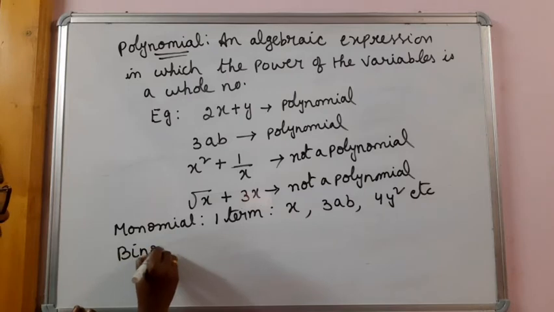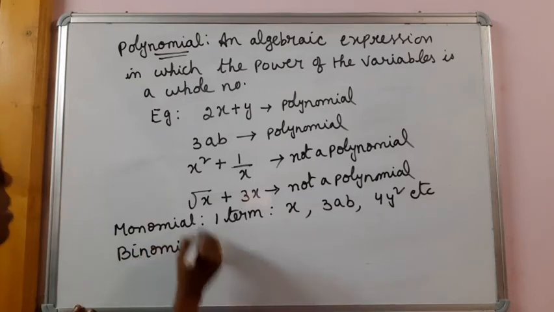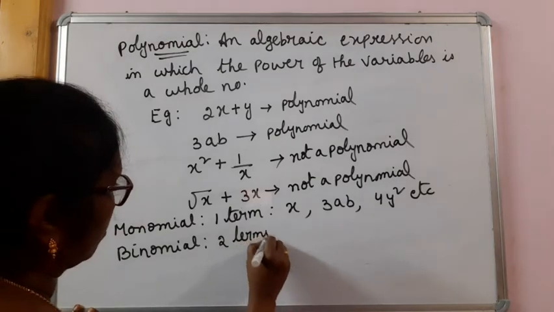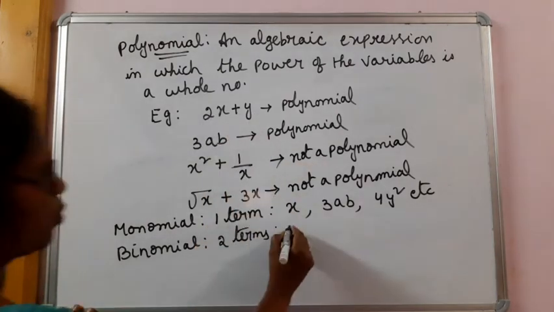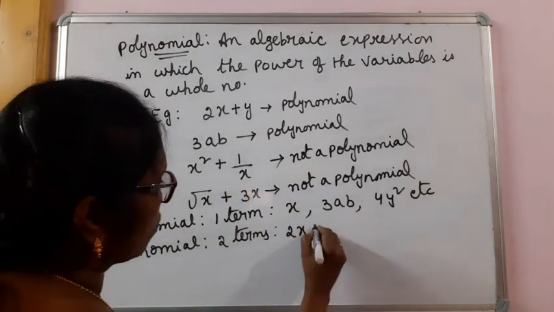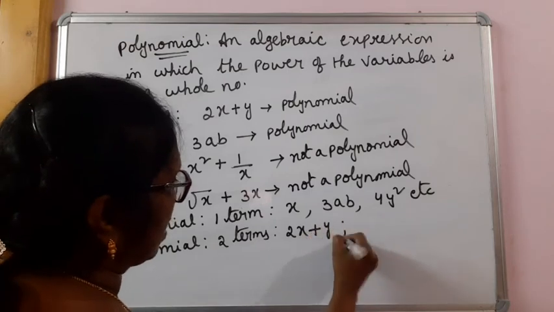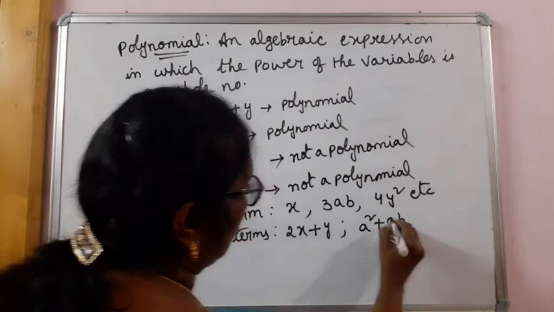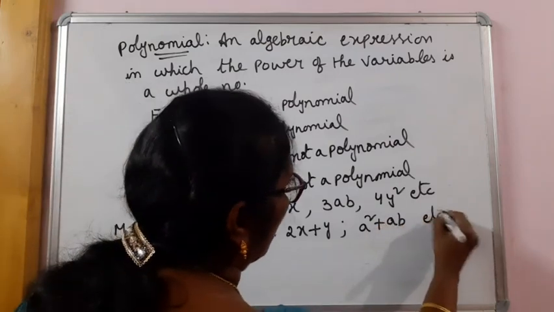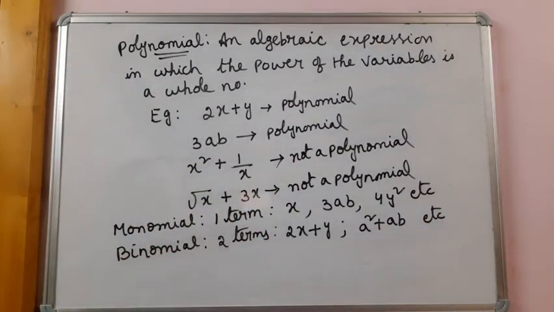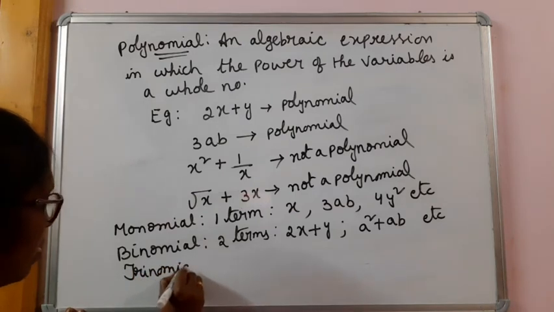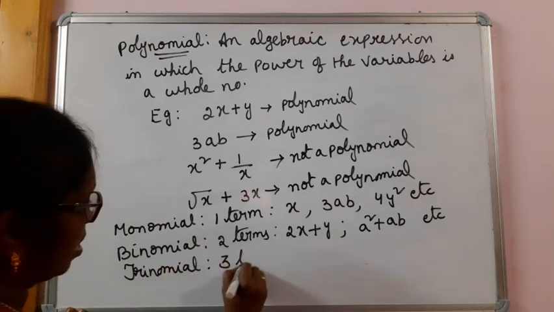And binomial means an algebraic expression having two terms. Here 2x plus y: 2x is one term, plus y is another term. And a square plus ab, two terms are there. So this is a binomial. And trinomial means an expression having three terms.